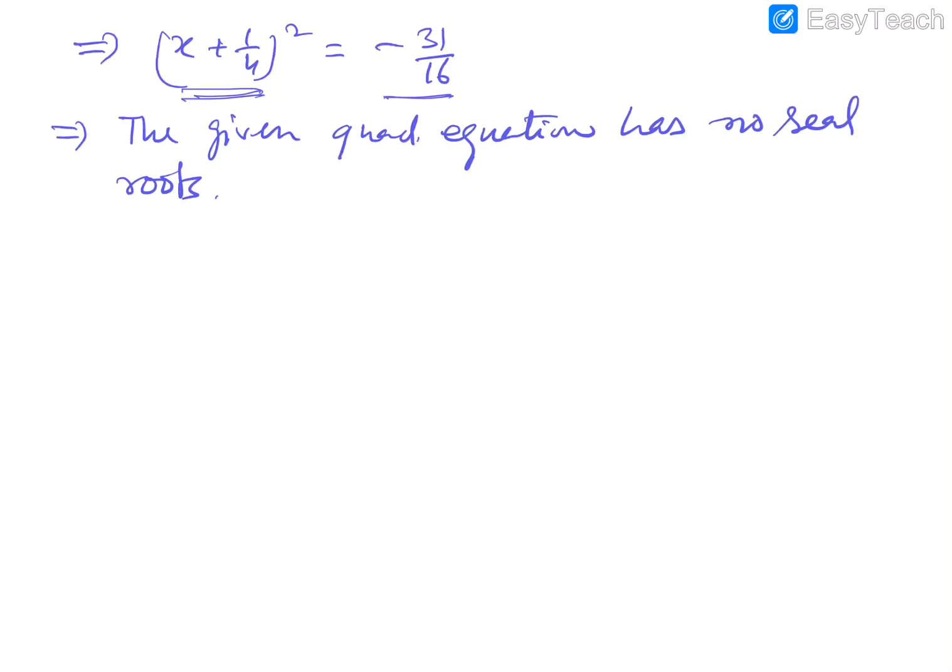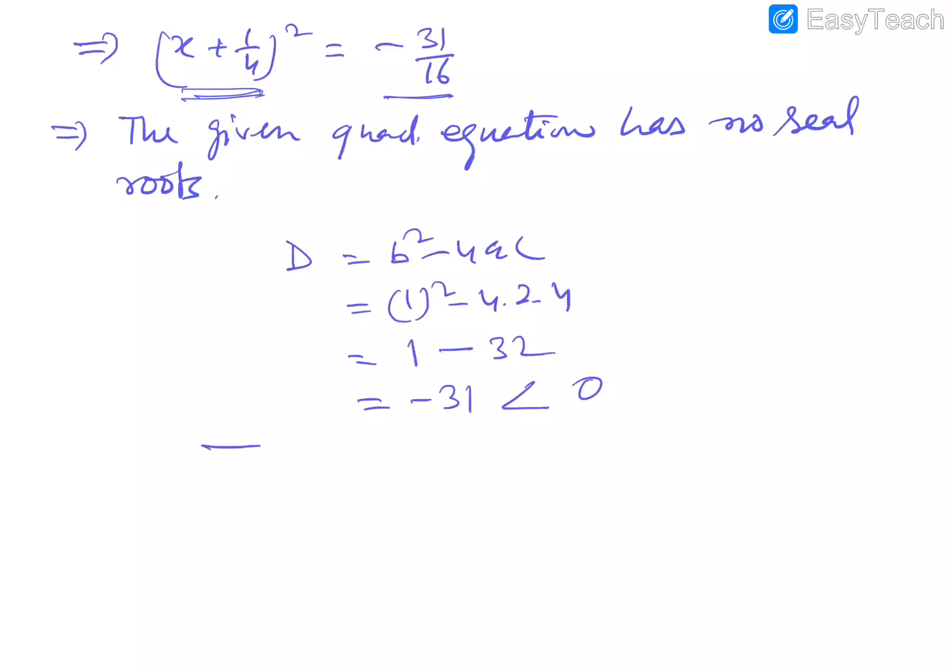Existence of roots can be verified from the value of discriminant b square minus 4ac. Here b is 1, a is 2 and c is 4. 1 minus 4 into 8, 8 4s are 32. This gives a negative number which is less than 0.